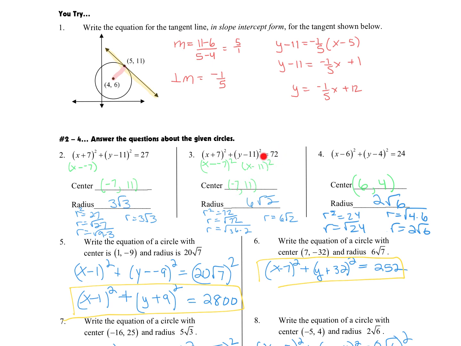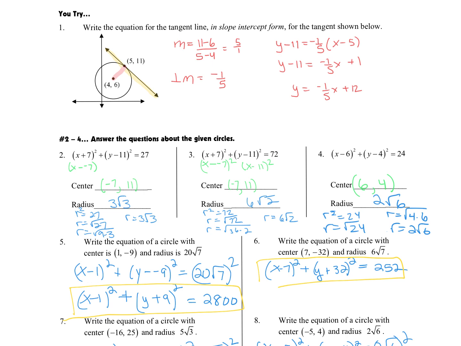When we look at 72, that is r squared equals 72. We need r to equal the square root of 72, which is going to be 36 times 2. And 36 is a perfect square, and so therefore we're going to have 6 times the square root of 2.